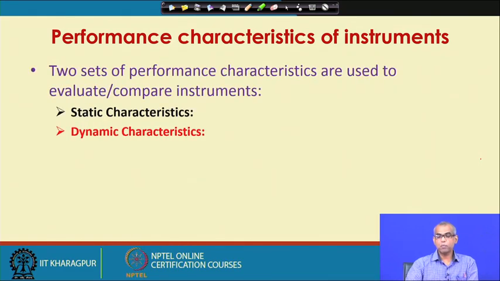There are two sets of performance characteristics, and both are used to evaluate the performance of instruments or to compare the performance of instruments. They are known as static characteristics and dynamic characteristics. Static means the medium is stationary.